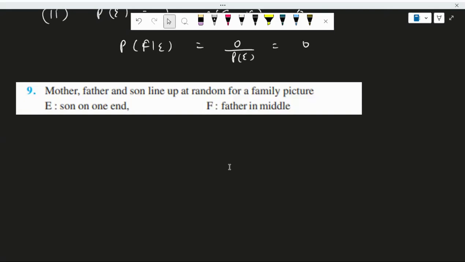E event is son on one end and father in the middle. So we first find the sample space: SMF, SFM, FSM, FMS, MFS, MSF. 1, 2, 3, 4, 5, 6. Mother, father, son can be lined up with factorial 3 ways, so the total number of ways they can line up will be 6.